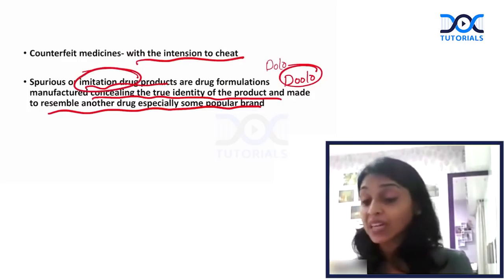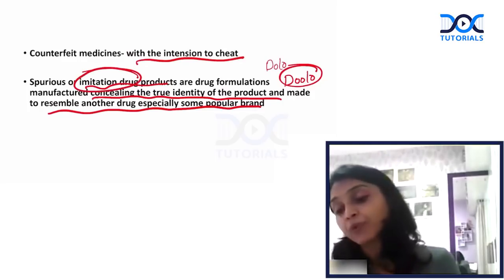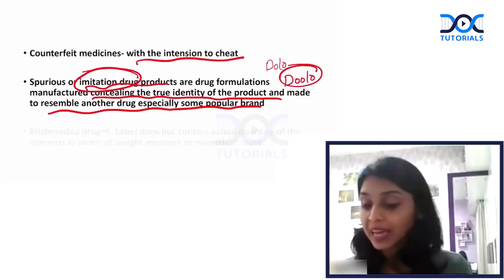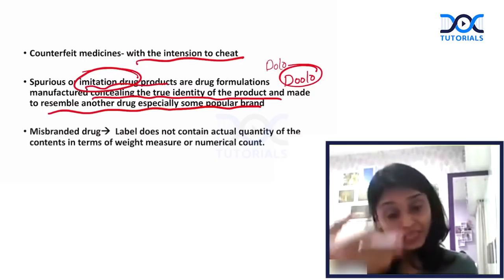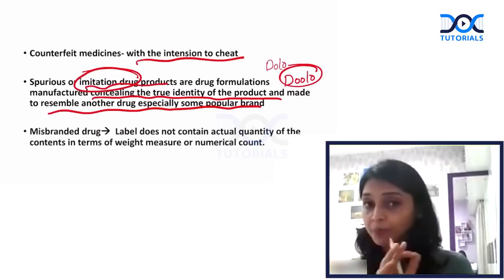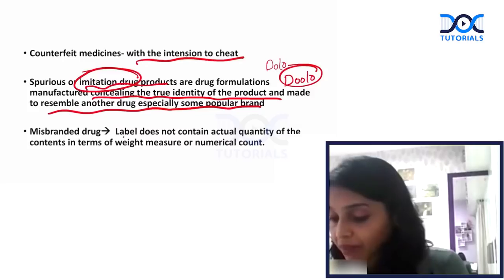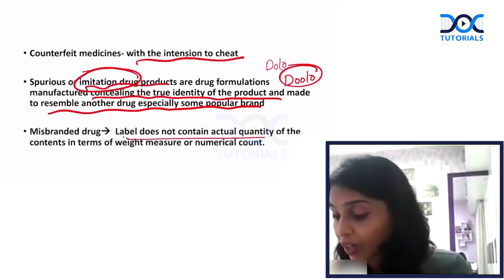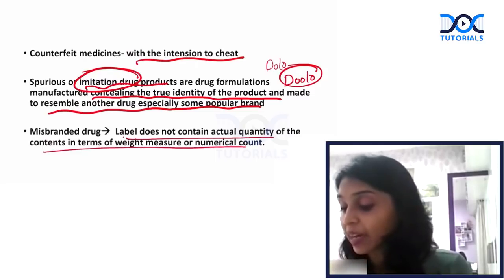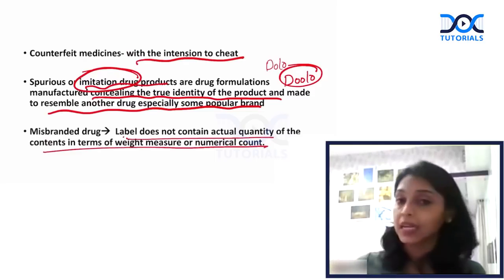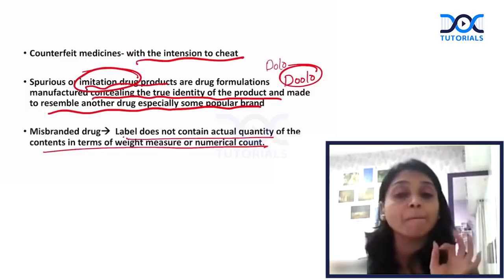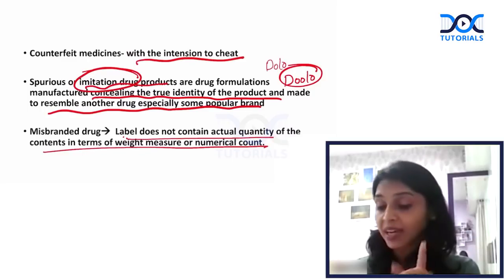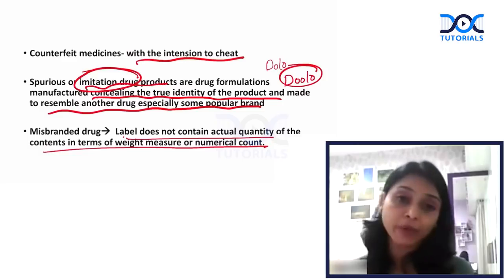That means they are trying to conceal the true identity and made to resemble another drug, especially some popular brand. Whereas misbranded has many definitions, but as per this one, the label, that means branding, is not correct. In the brand, they have said 500. The label does not contain the actual quantity of the content in terms of weight, measure, or numerical count. This is one of the criteria for misbranded drug. So if misbranded was there, then I would have gone for misbranded only.